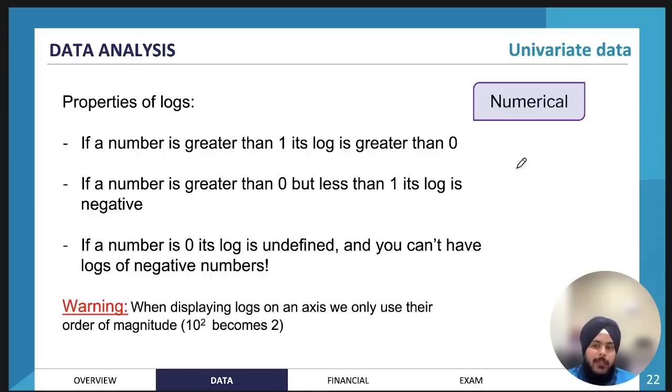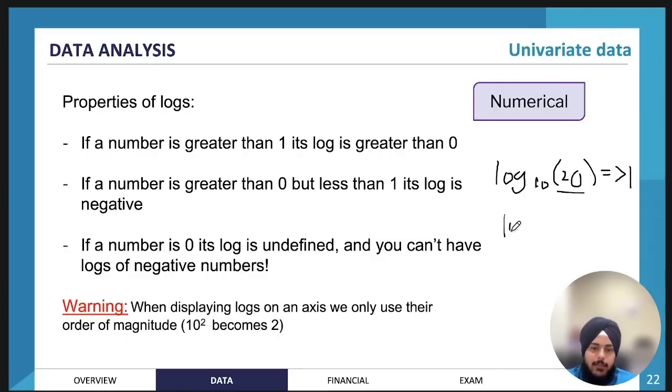So log is always going to be of the number inside the log. So when we're saying log of 20, we're usually representing the number inside. If it's, for example, 20, it's greater than 1, so the log will be greater than 0.